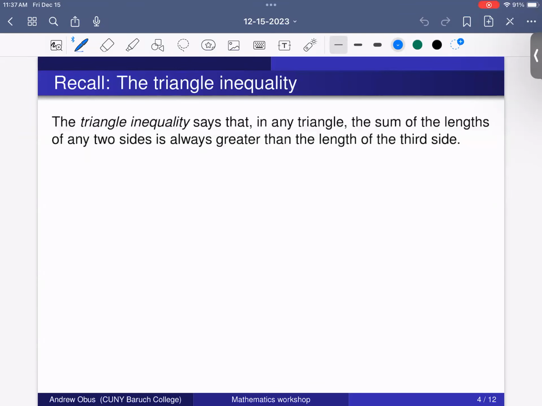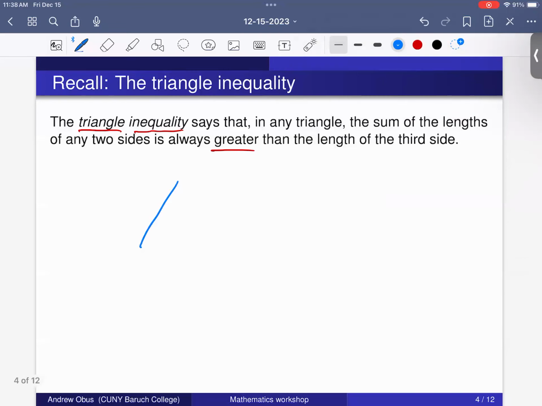So the triangle inequality was the first concept we talked about. It says that if you have any triangle, then the sum of the lengths of any two sides is always greater than the length of the third side.